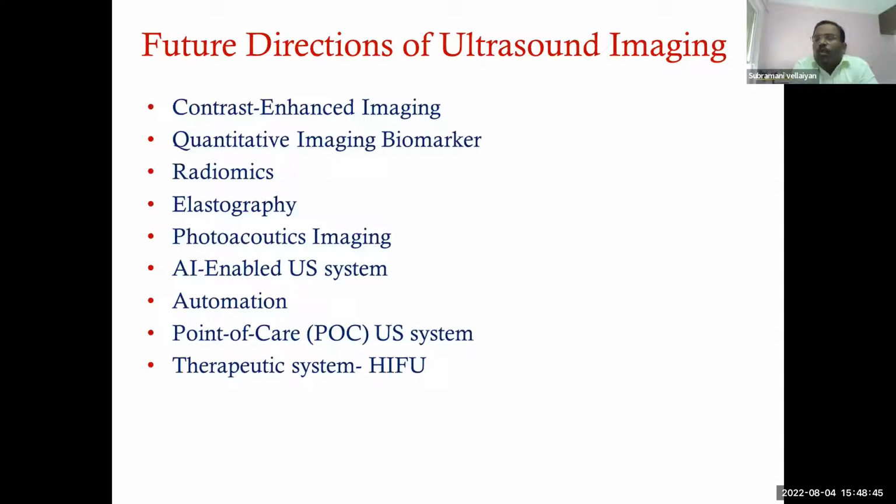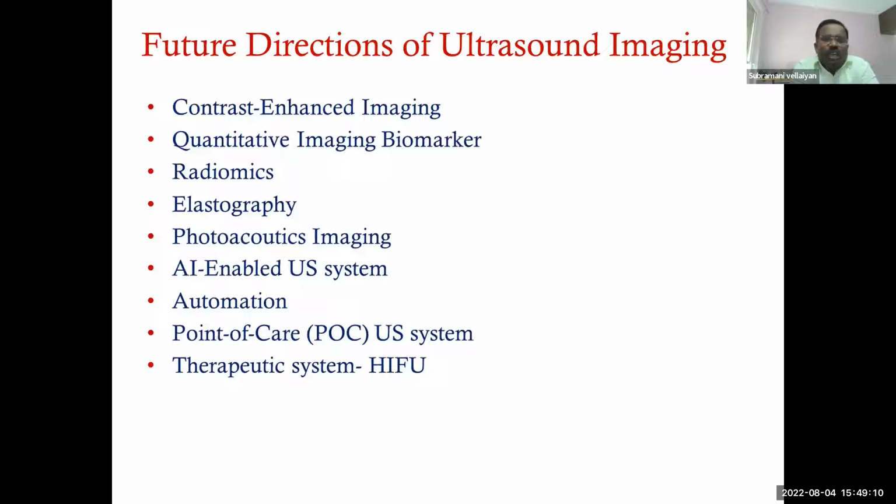And there are two other important hybrid imaging modalities, elastography as well as photoacoustic imaging. Elastography is a quantitative imaging. The stiffness of the tissue properties can be evaluated. This is a kind of biomarker for treatment response assessment using ultrasound and elastography applications.